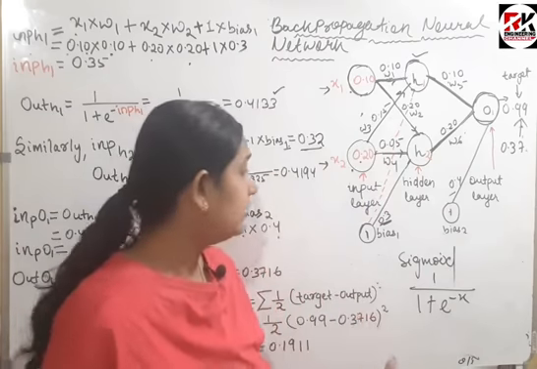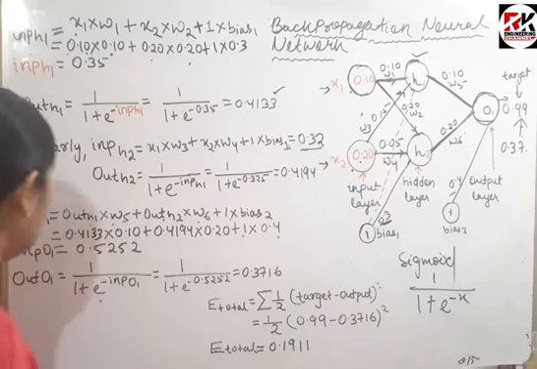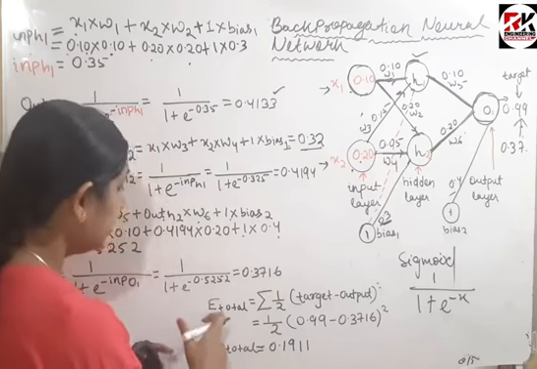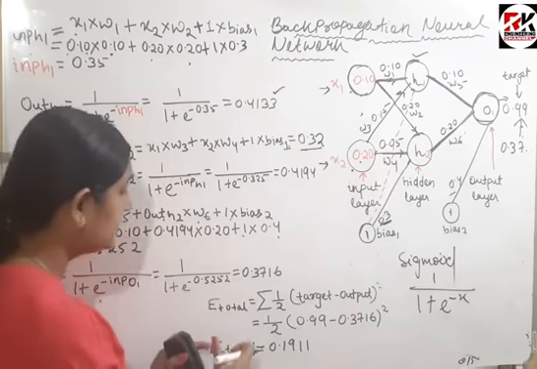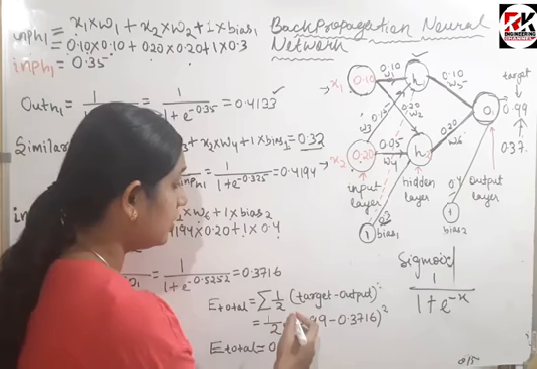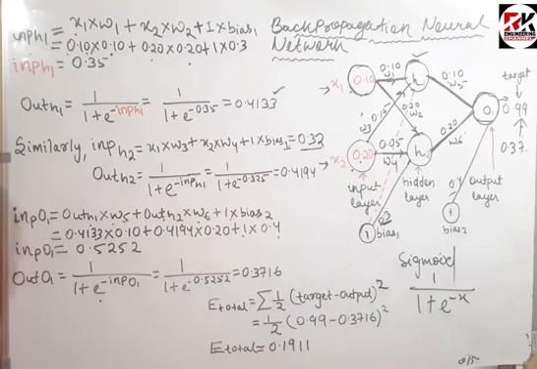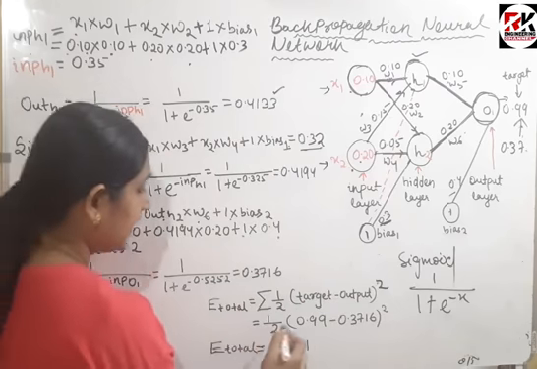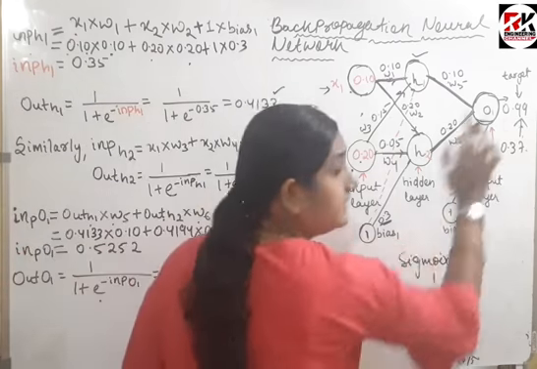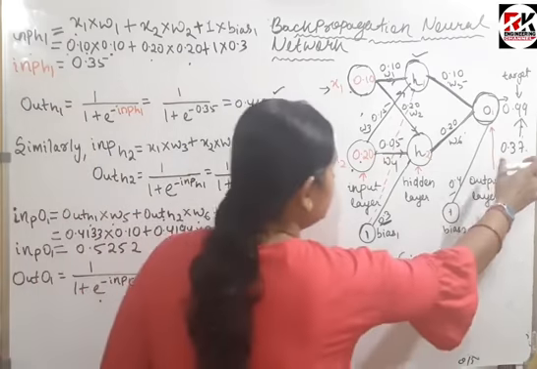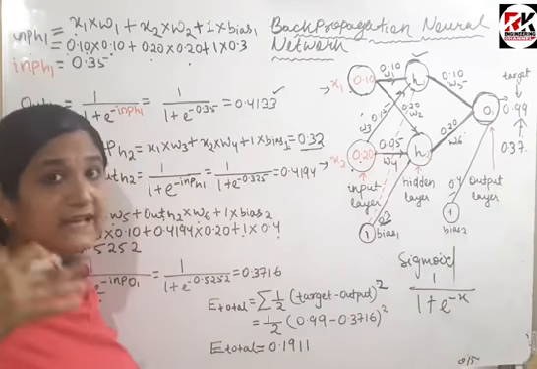Okay, so now I have to calculate my error. To calculate the error, the formula is error total is equal to summation of half of target minus output squared. So it is half of what is my target? My target is 0.99, minus what output actually I am getting?